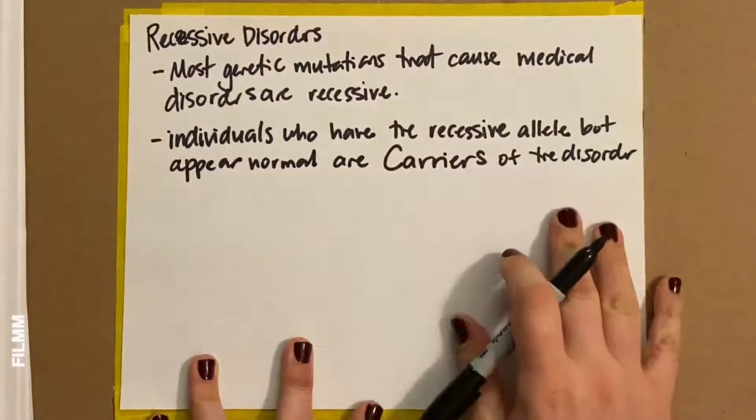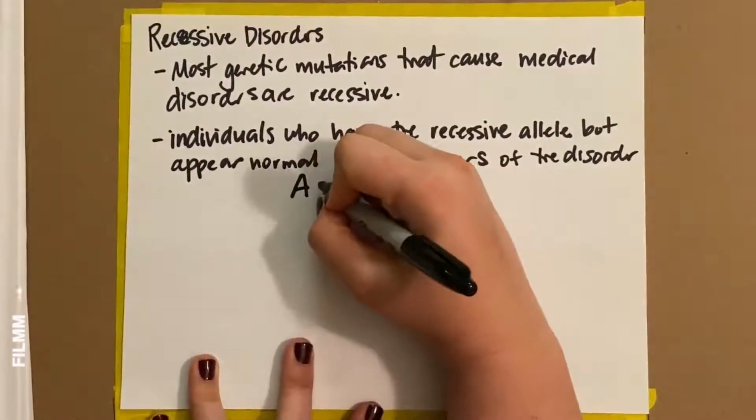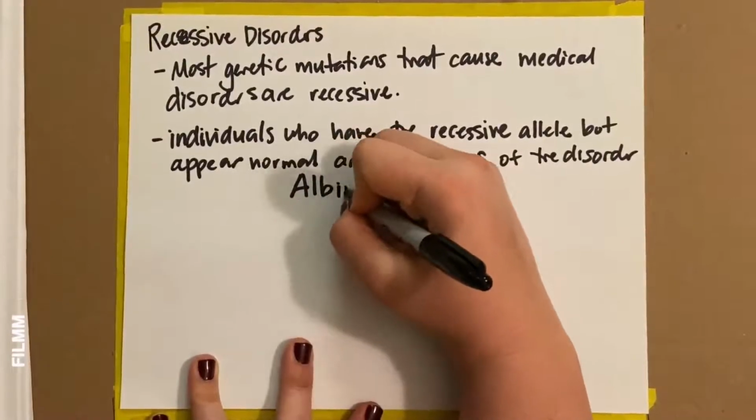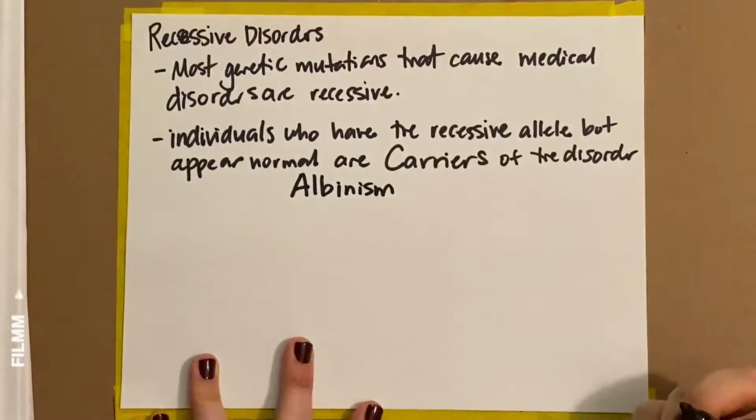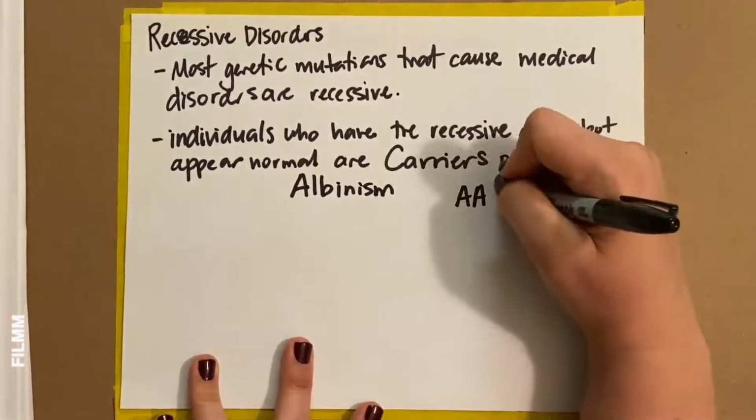Okay, so for example, albinism, so being albino, is a recessive disorder, okay? If you have capital A, you have normal pigment.